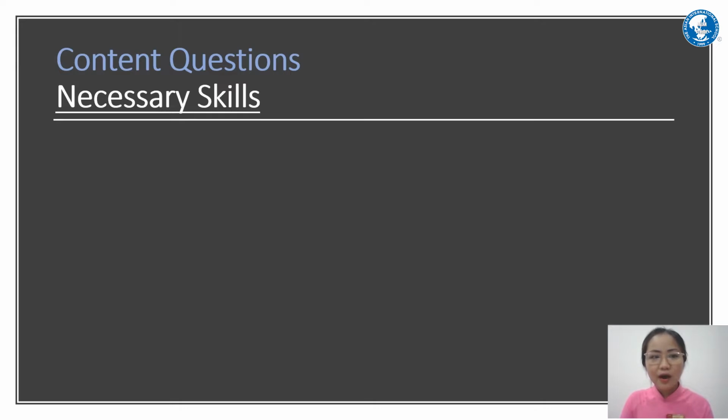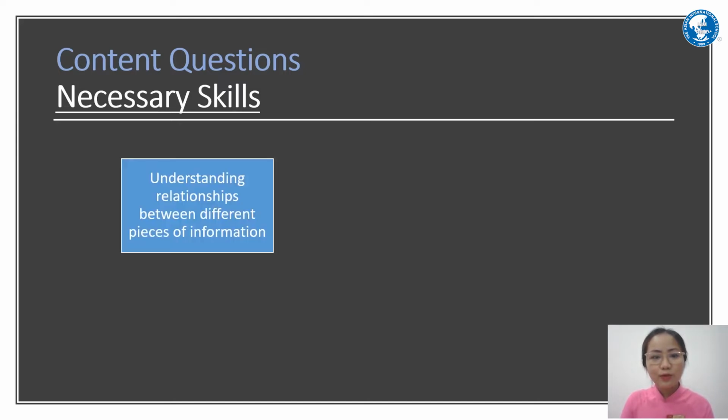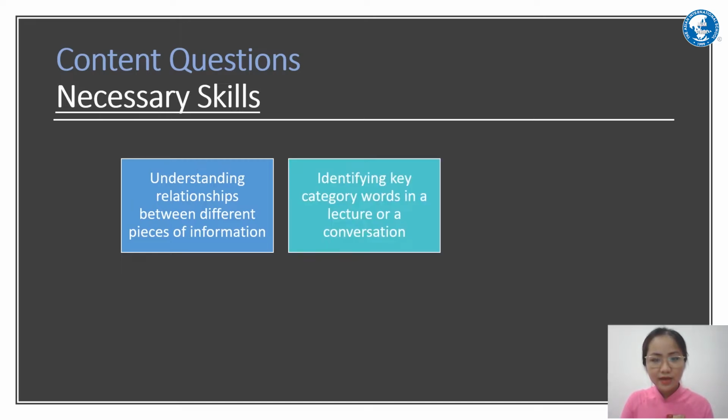So, for this type of questions, you need some necessary skills. The first skill, you need to be able to understand the relationships between different pieces of information. Then you need to identify key category words in a lecture or conversation.